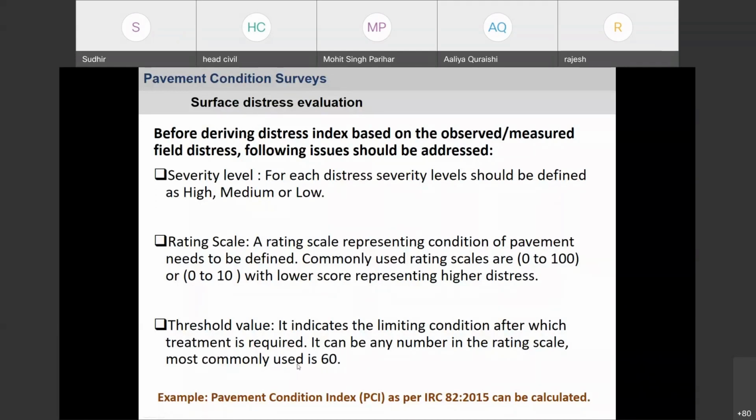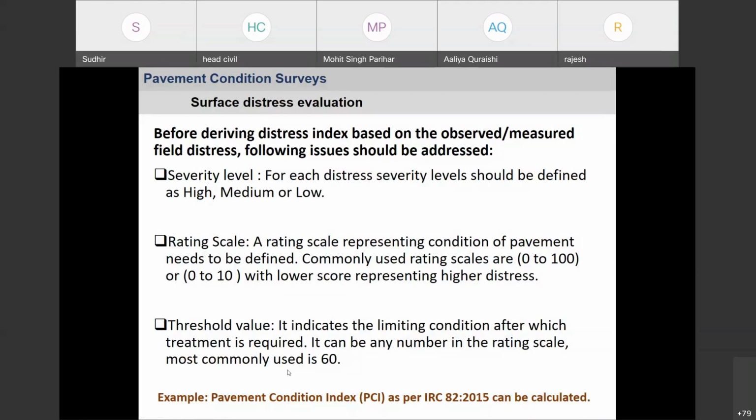So these are the three important issues that you need to address before you can continue with your surface distress evaluation or analysis.